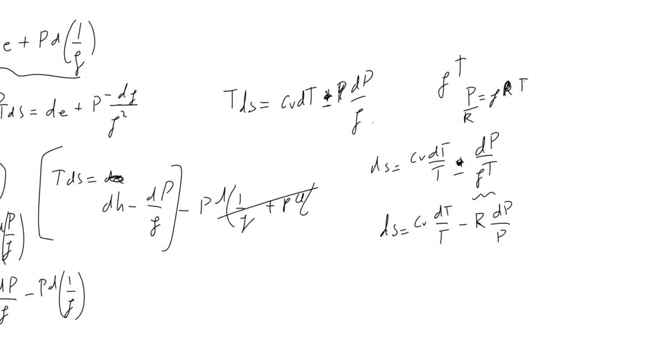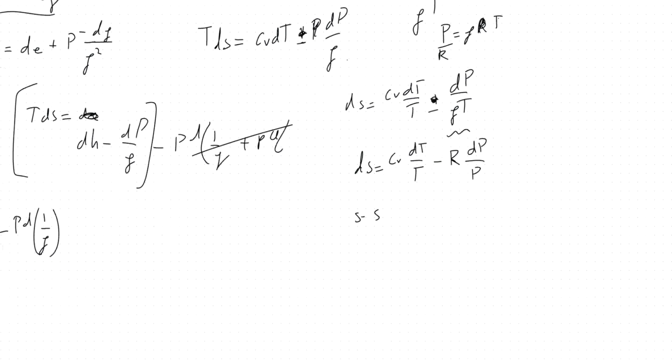Yeah. I take the integral of this as s minus s_ref equals Cv ln of T divided by T reference, minus R ln of p over p reference.